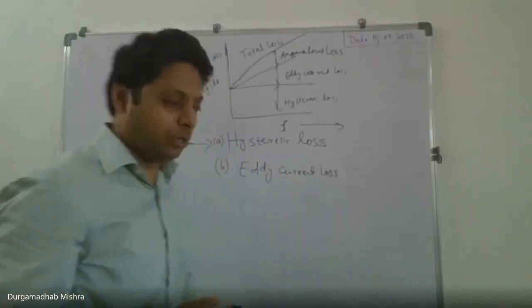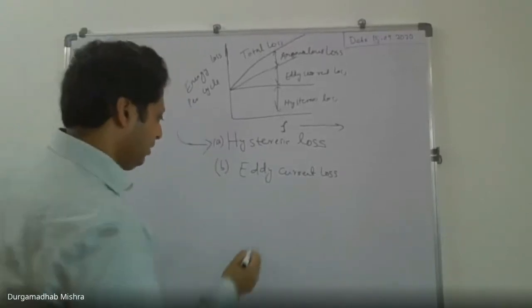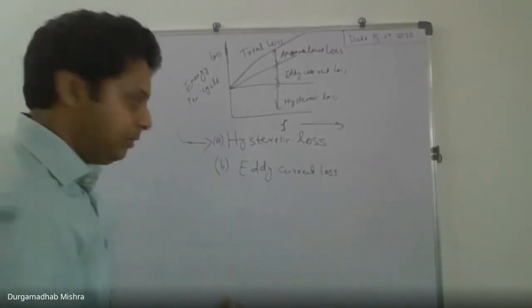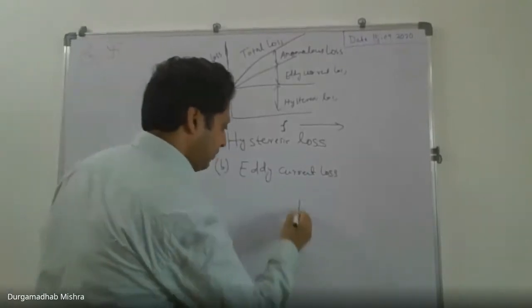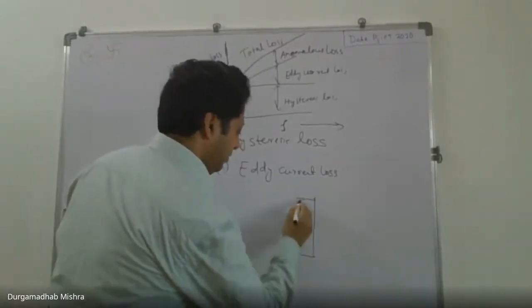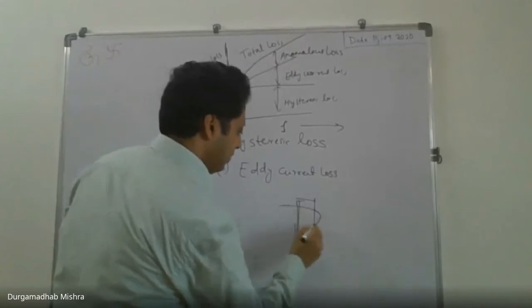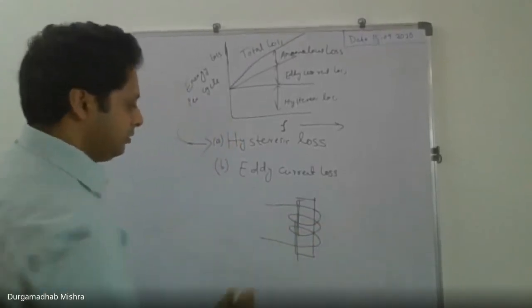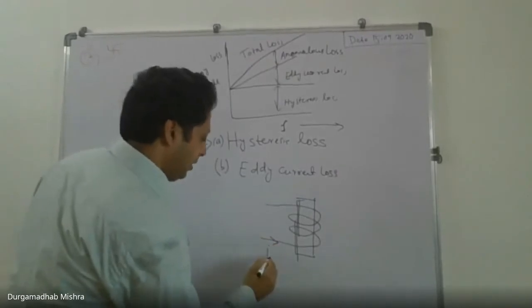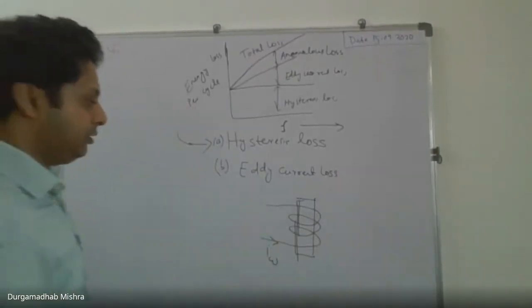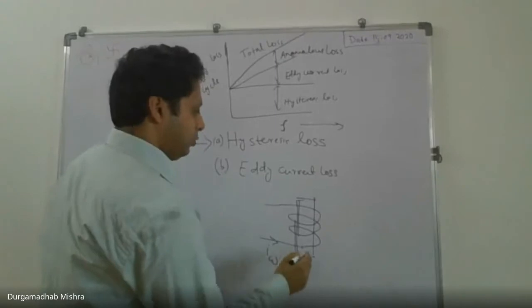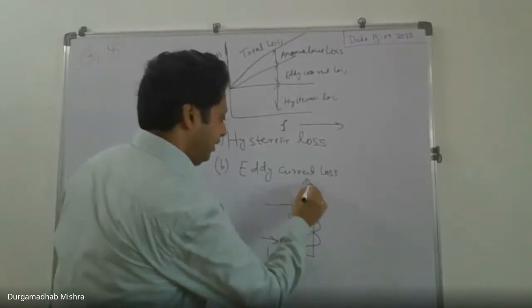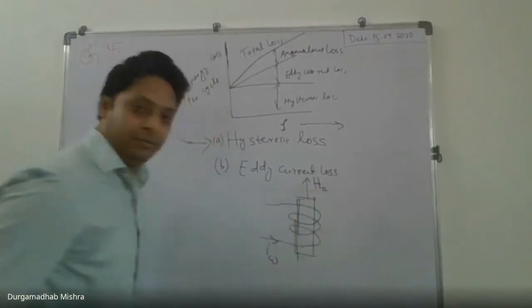And eddy current, why do you have eddy current? Let's say you take your material and you have a winding. Let's say I have a current IW passing through it, so it will produce a magnetic field HA, right?